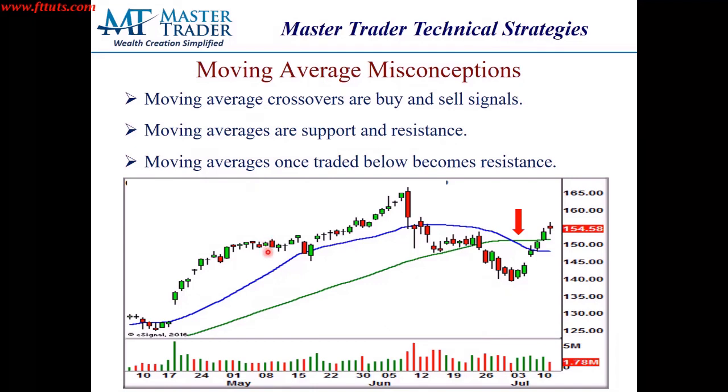Moving averages are support and resistance. The only thing that is support and resistance that we want to rely on is price. That being said, some of the moving averages that we will use are so widely followed that traders and investors will react to them, and that's why we're going to use those. Moving averages, once traded below, becomes resistance and vice versa.